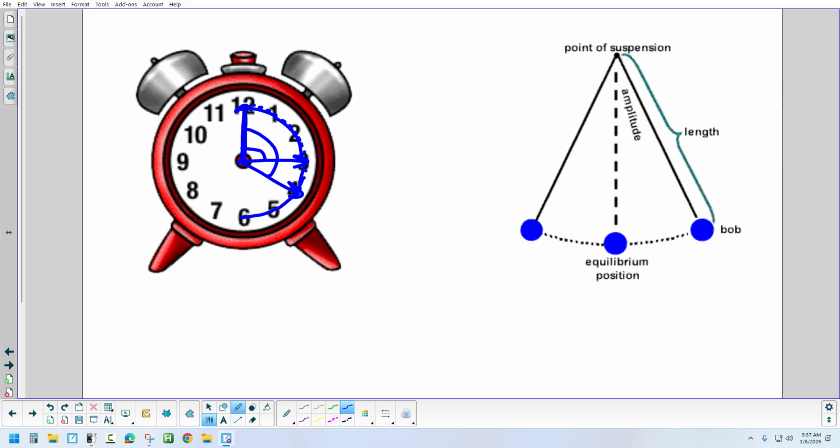Another problem they give you is a pendulum, swinging back and forth. As a pendulum swings back and forth, what's the shape that the pendulum makes? Yeah, it's an arc. And the length of the string or the rod or whatever's holding the pendulum, that's like your what? Radius.